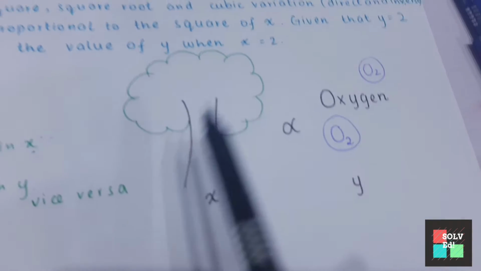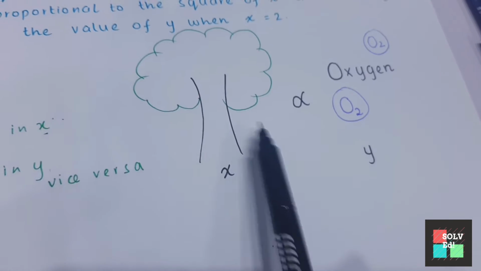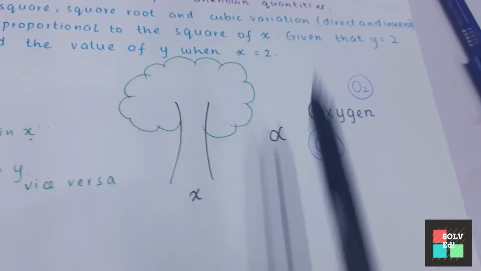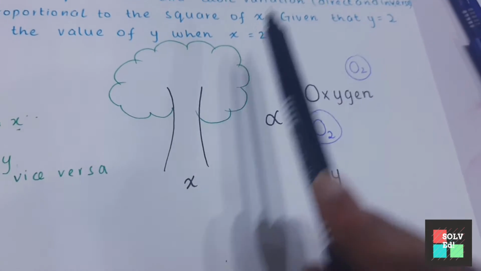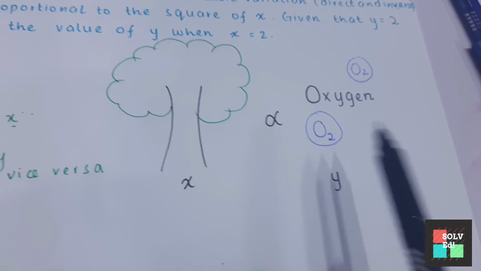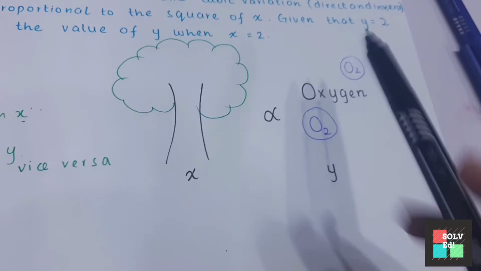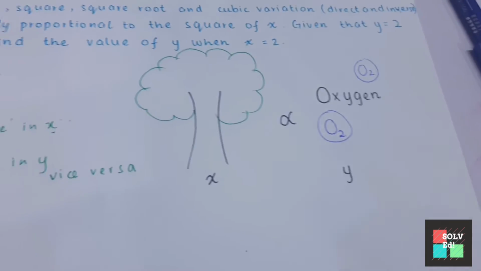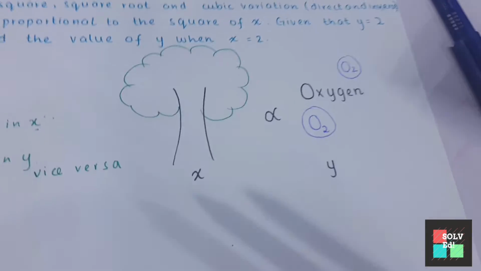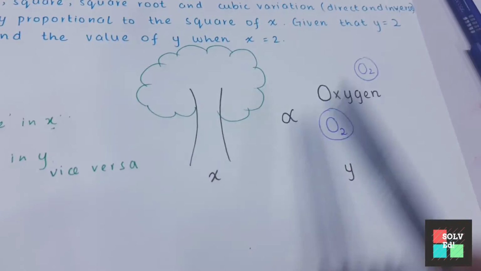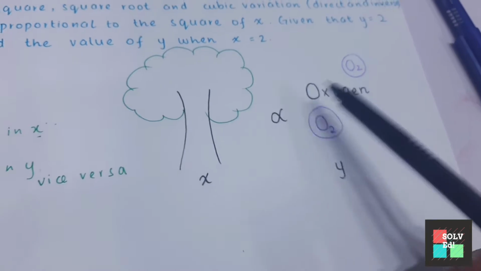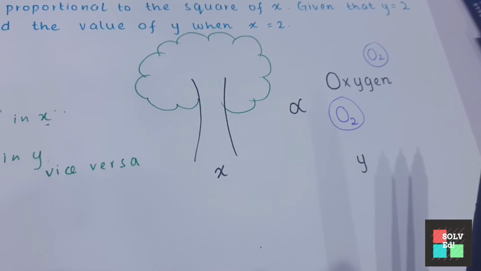That the number of trees planted, represented by the variable x, is directly proportional to the variable y, which is the amount of oxygen, in whatever unit you're measuring. So it's going to mean that the more trees that are planted in this particular area, the more oxygen is going to be released.